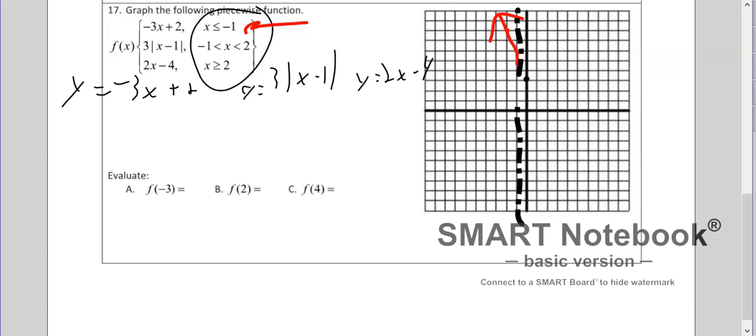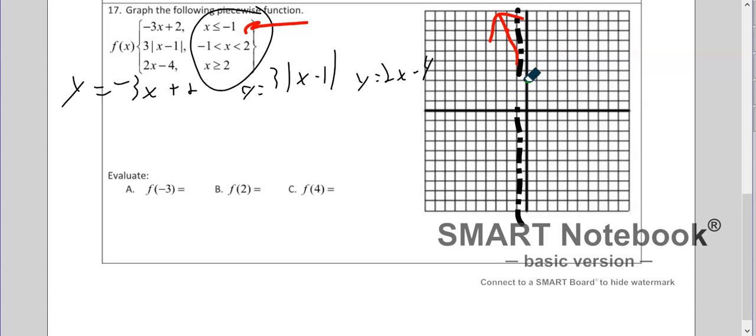Absolute value 3 times x minus 1. Okay? You can go to your calculator and get some points for here, or you can just plug points in. All right, so if I plug some points in, 0 minus 1 is -1. Absolute value of -1 is 1 times 3 is 3. So that's 0, 3. All right?